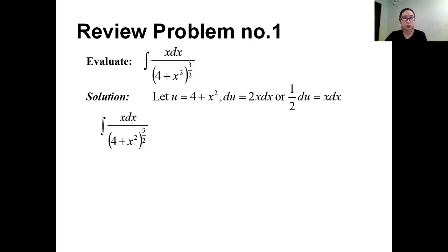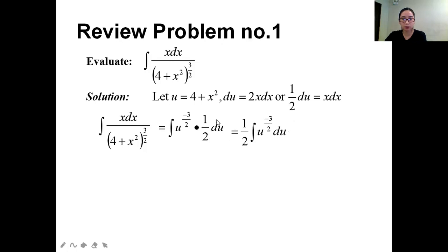Okay? So, the integral of x dx over quantity 4 plus x squared to the power of 3 halves is equal to u to the power of negative 3 halves times 1/2 du. If we rewrite it, we take out the coefficient 1/2.